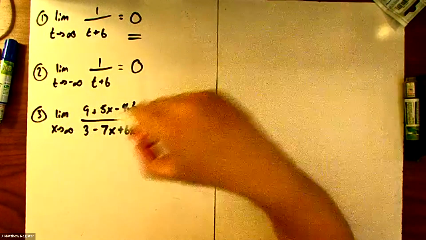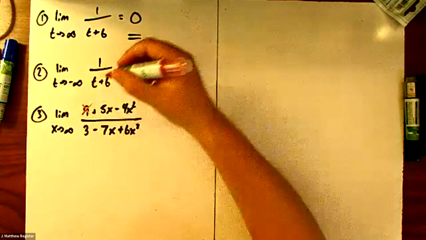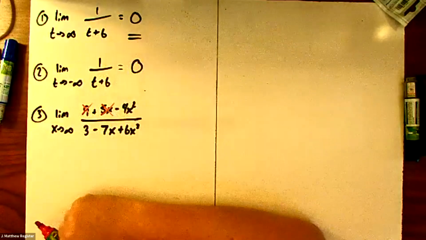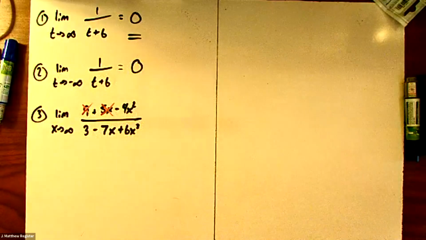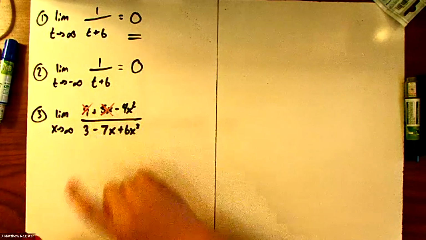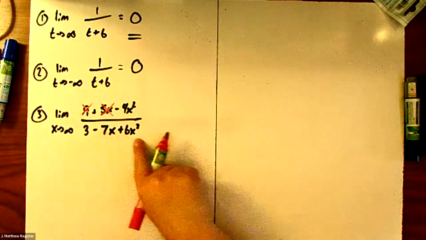As we approach infinity, this 9 does not matter. The 5x does not matter. The reason those 2 don't matter is because this negative 4x squared is going to become so monumentally large as we go to infinity that it's going to make these other 2 terms look extremely small. Same in the denominator.